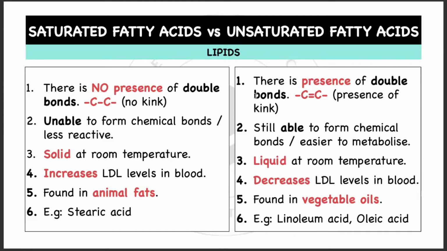So unsaturated fatty acid is easier to metabolize, it's easier to melt because of this kink, because of the double bond. Whereas for saturated, it's not so easy to melt them, and it's not so easy to form chemical bonds and metabolize them because there is no kink, and you can't actually form chemical bonds anymore. They're less reactive, whereas for unsaturated, they're able to form chemical bonds.